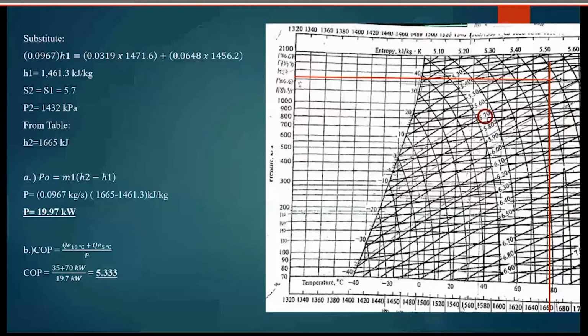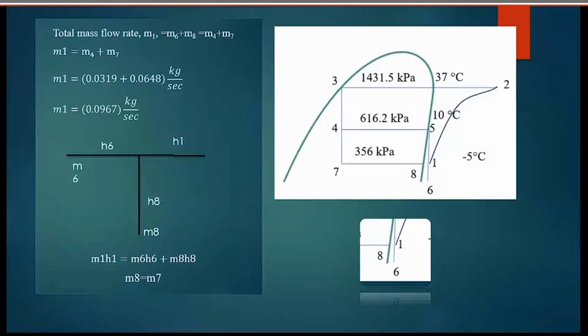Where is this? I think here. So the mass 7 is here, the same mass, the law of conservation of mass. That is evaporator number 2.